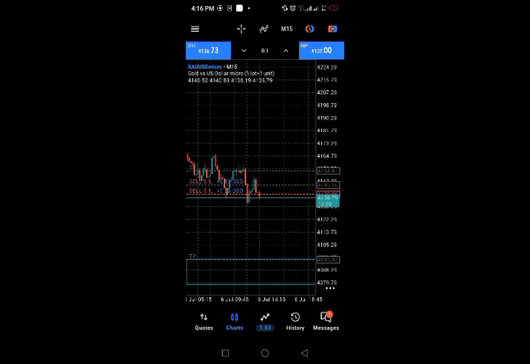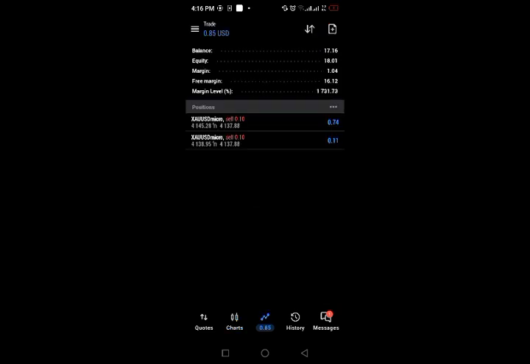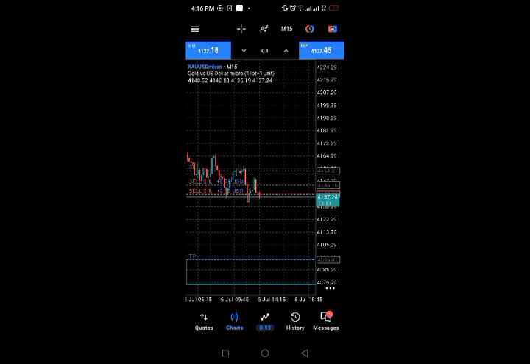The reason why we put our SL at the entry of the first position is because we don't want to lose more money after price goes against us. We just want to be in this 0.775 profit. If it's losing, we want to lose the same profit that we have rather than entering into our capital.